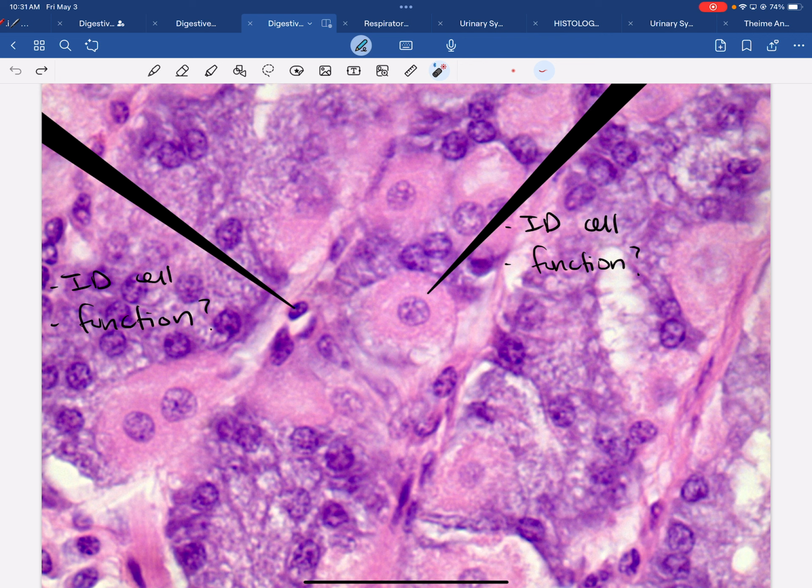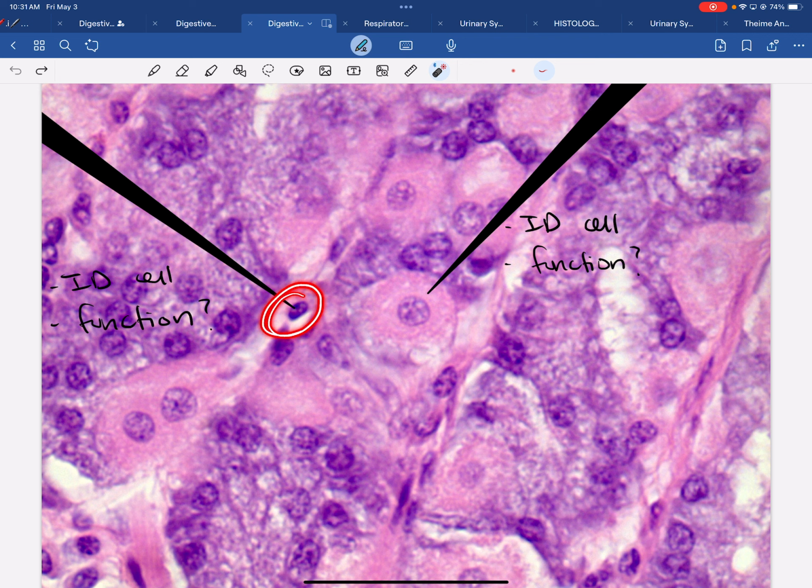What does hydrochloric acid do? Okay, lowers the pH, good. And that denatures proteins, yes. What else does it do? Good, it activates pepsinogen. What else does it do? Kills bacteria, nice, good job.